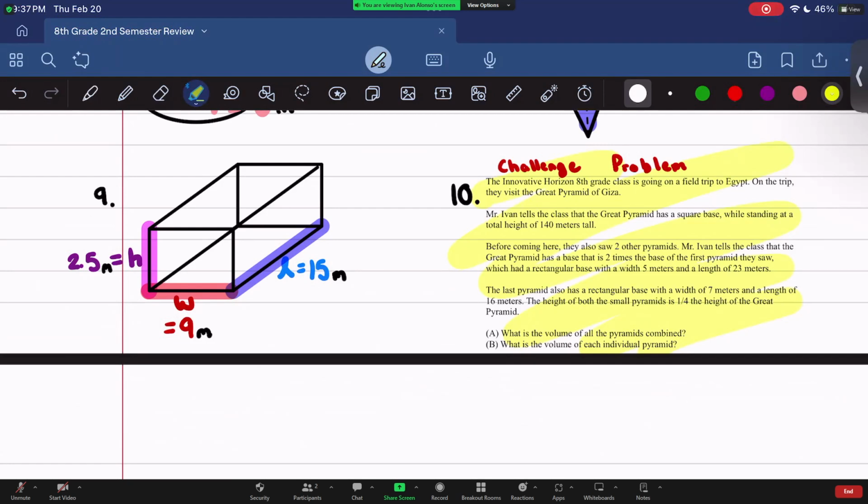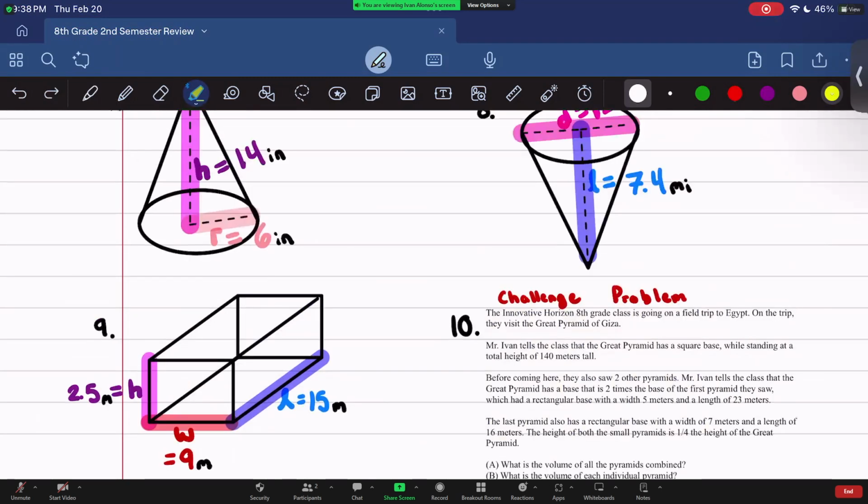I already have the video out for that, but these challenge problems are mainly for the AVID students who want to use them on the tutorial, because it's meant to be a lot harder than these. If you're in AVID and you understand, this is meant to challenge you. If you're not in AVID, feel free to do it. If you can answer this, then I would bet you're pretty good with volume, and you'll be ready for the next test.